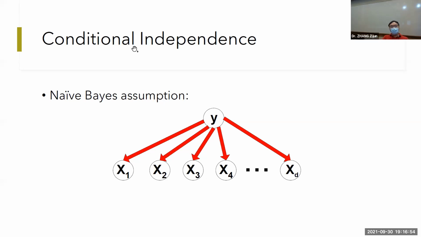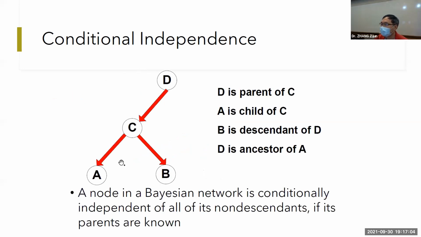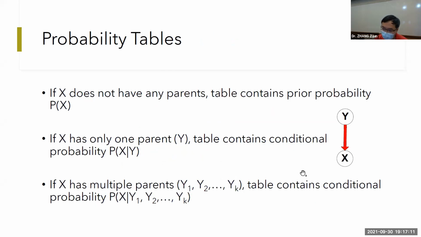So the first thing we need to do in the Bayesian belief network is to figure out a graphical network based on the different variables we incorporated into our consideration. So once the graphical network is built, that means the conditional dependence and independence is qualitatively determined well.